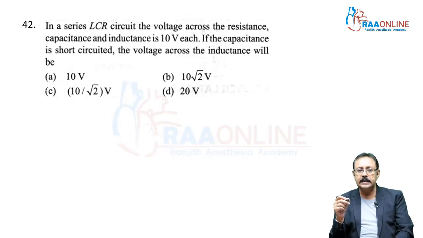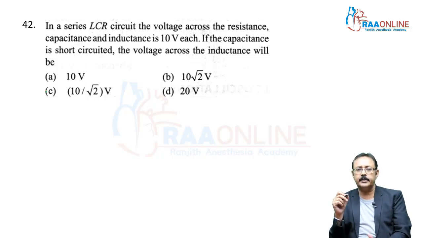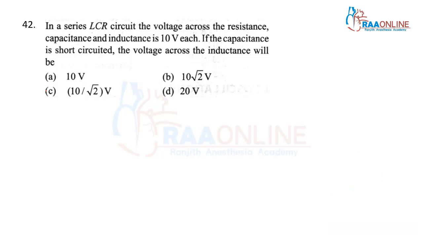42. In an LCR circuit, voltage across the resistance, capacitance and inductance is 10 volt each. What is happening here? Because they are in series, the same current is flowing through them, and they are saying all voltages are same.